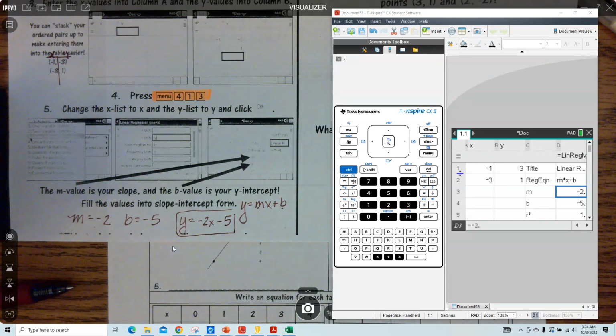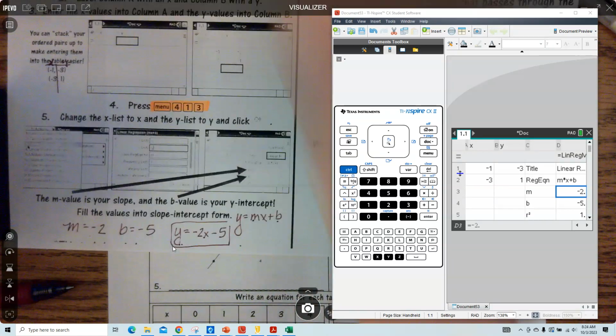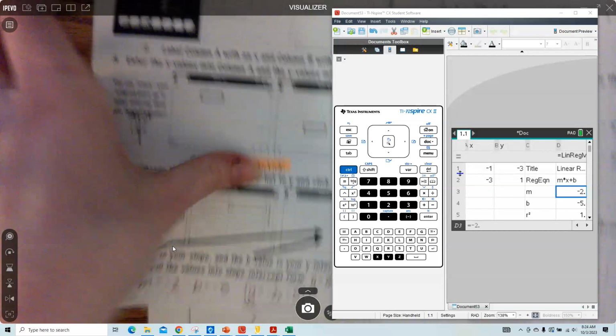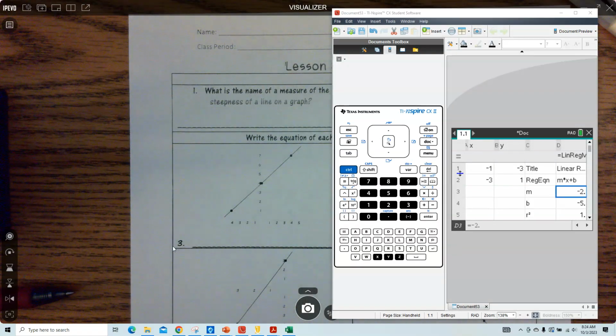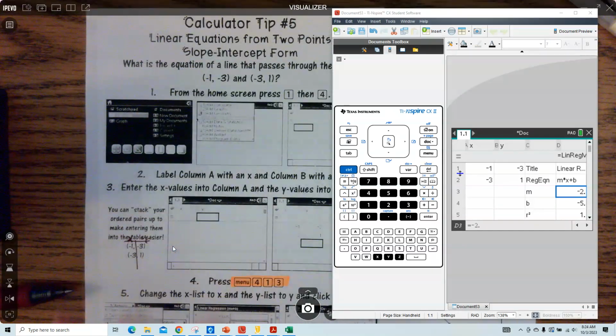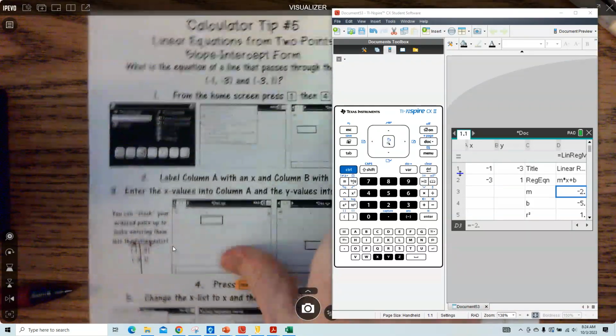All right, so this page, all you need is the left-hand side of this page. If you want some more practice, you're more than welcome to it. But this is going to go in the back of our book.